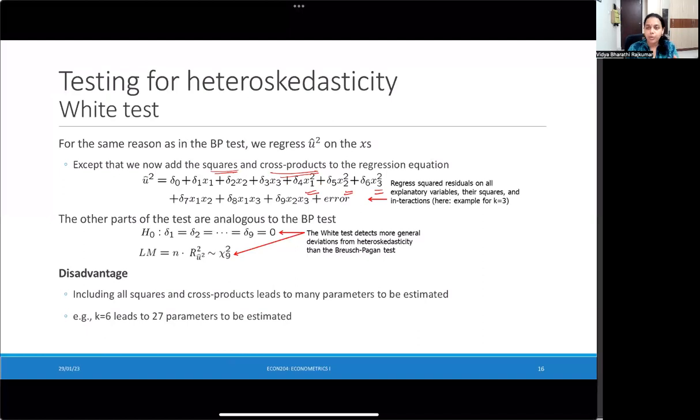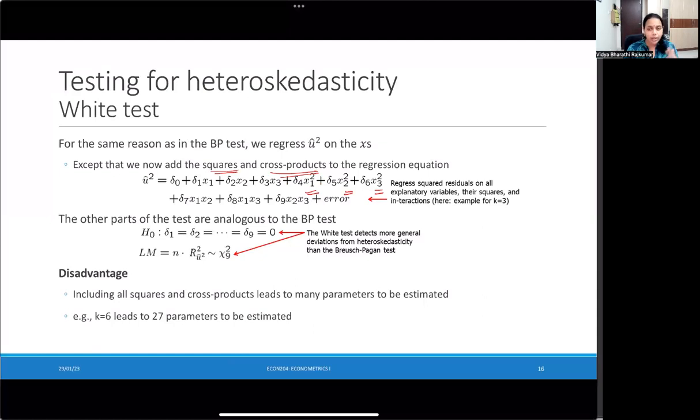And we're also going to include the cross products of these regressors. So x1x2, x2x3, and x1x3. Those will be three more interaction term regressors that we'll add into our regression. So we're going to regress u hat square on all the x variables, their squares, and the cross products.